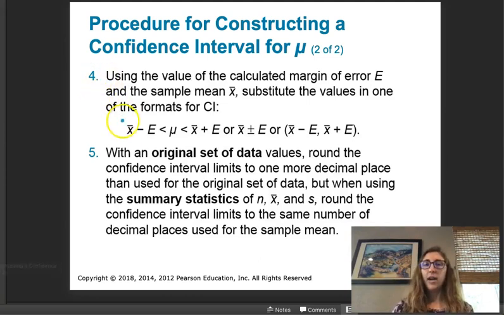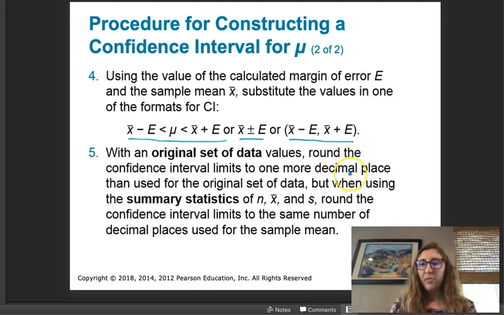And again, when we're writing out our confidence intervals, there are 3 different ways we can do that. Whatever floats your boat is fine with me. Just be familiar with each of them. You either have your inequality notation, your plus and minus notation, or your interval notation. And rounding, don't worry about it too much.